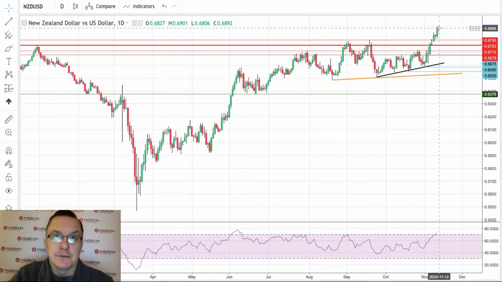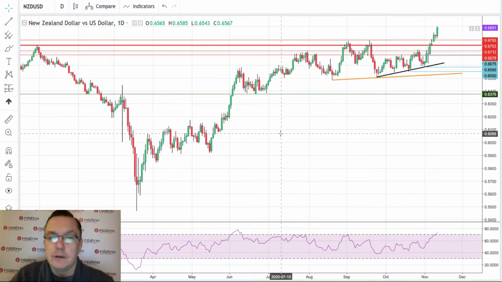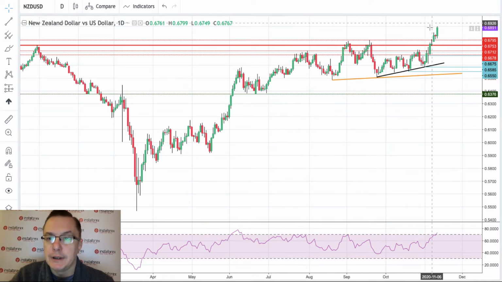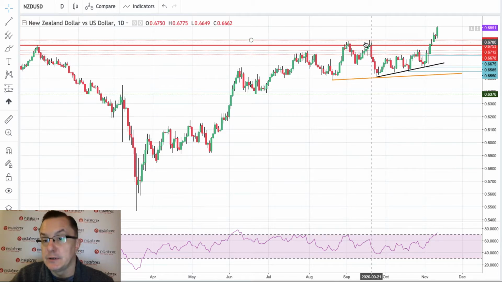It's very, very important when you make your analysis: if something doesn't work, do not force your point of view, but be very, very flexible with your approach to the market. As you can see, we are now on the New Zealand dollar trading above the technical resistance at 6,754, and above this recent double top. You might say double top, but it didn't work.